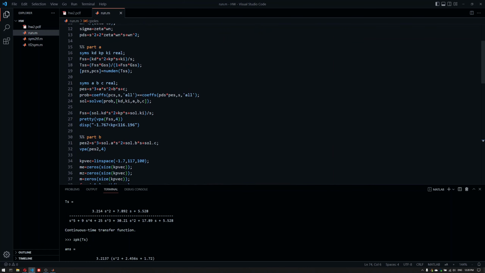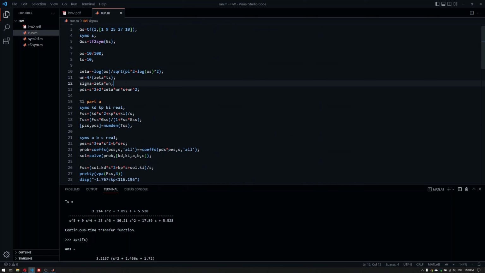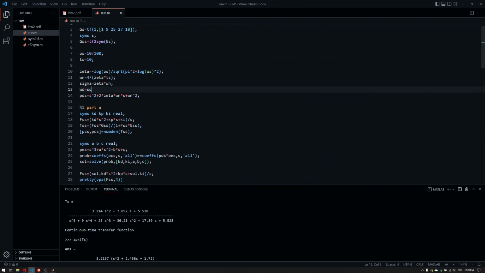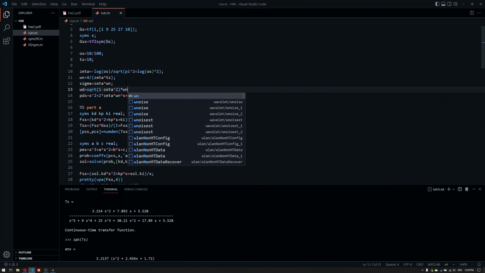And last but not least, when we are at it, let me just calculate omega d here. Square root of 1 minus zeta squared times omega n.